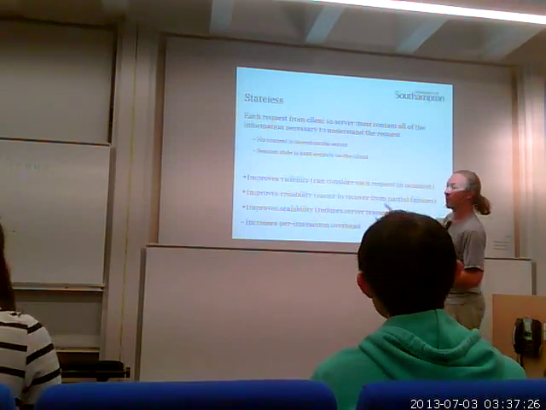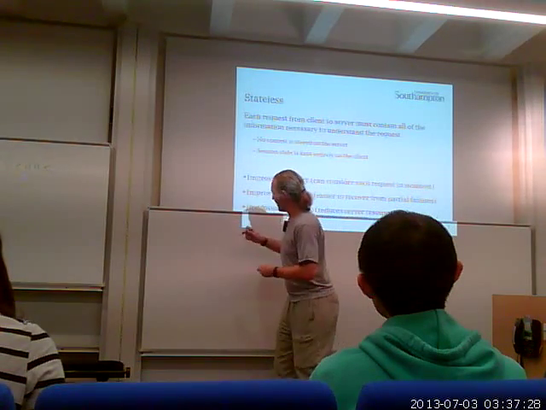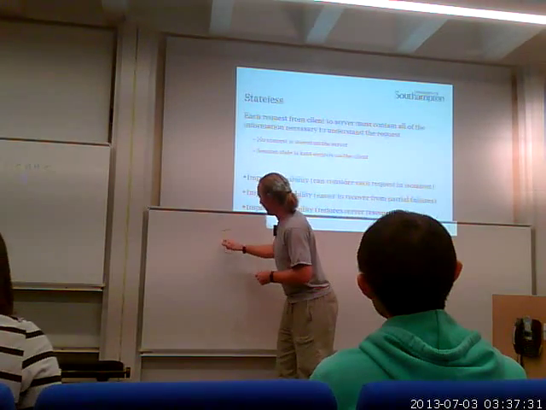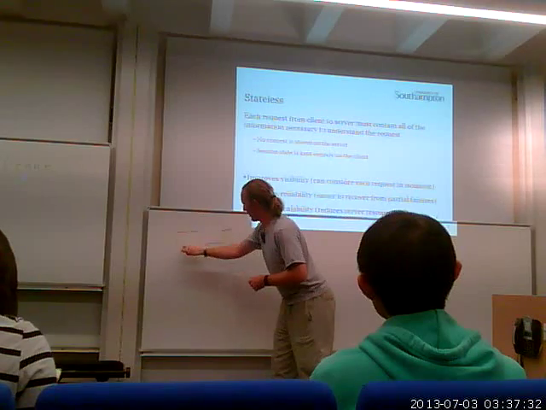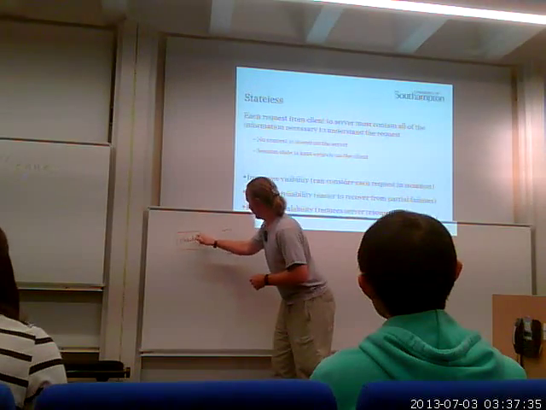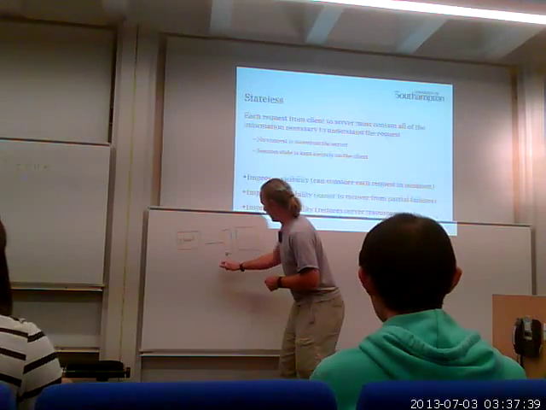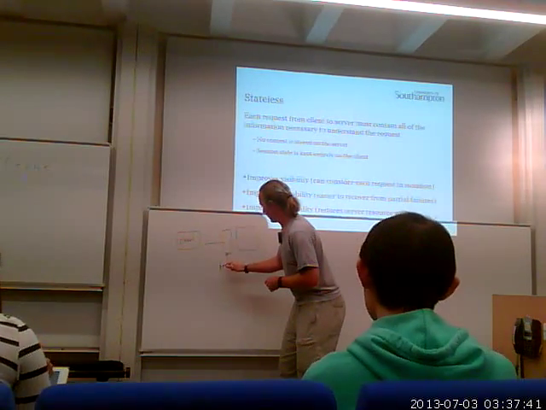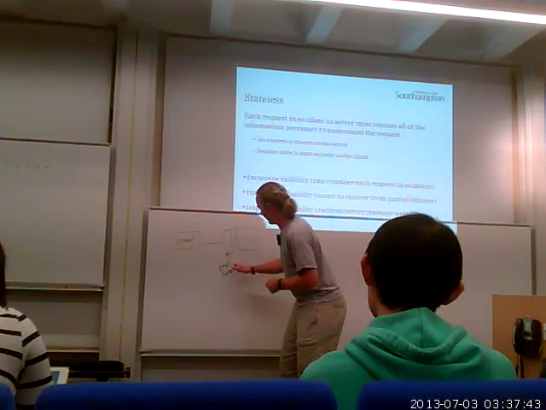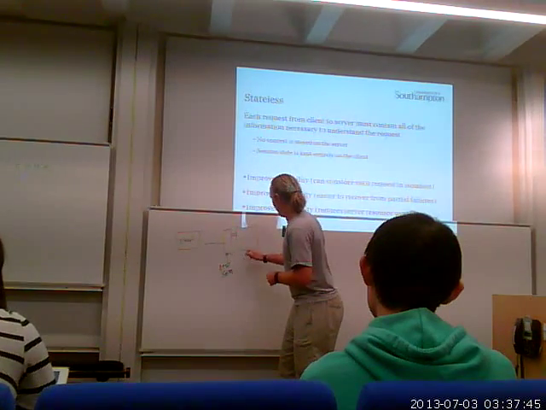So the server we're talking about here that's stateless is the front part that connects to the client. We've got a client over here. And it's a front end onto something else. So this is our HTTP server. And that connects to our application server.